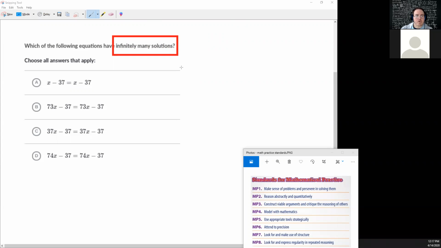Okay, infinite number of solutions. That means what we're looking for is an answer that ends up with something like, I don't know, 2x equals 2x. Something to that nature where they're the exact same. The reason it's infinite is that no matter what x is, if x is 7, 8, 24, negative 3,900, whatever, both sides are going to balance. Thus, there are an infinite number of x answers for this equation. So it's our job to try and find them. So let's do that.